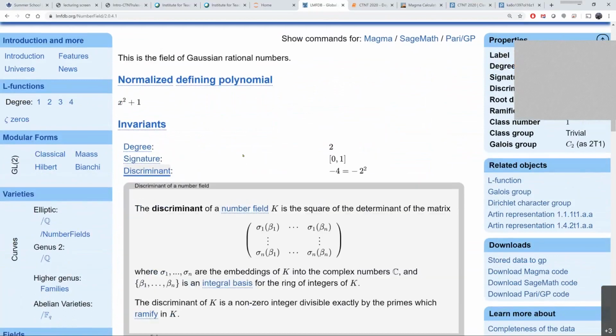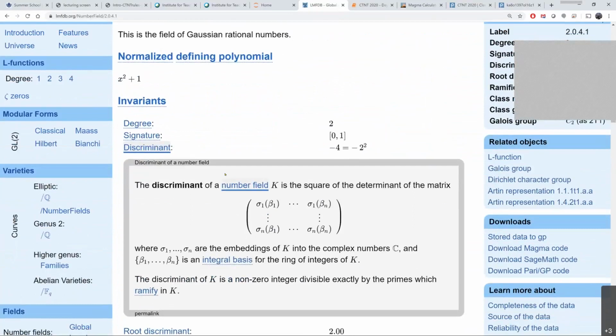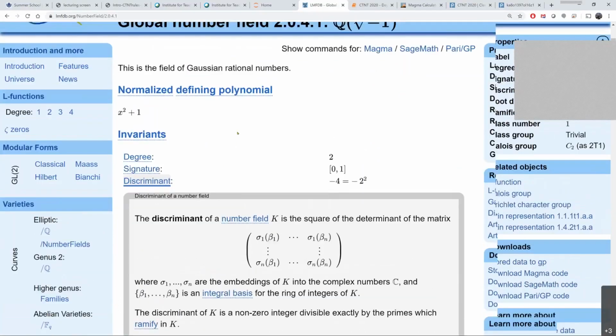The discriminant is an invariant of the ring of integers of the number field, which gives you an idea, first of all, of what primes ramify in general. It gives you some idea of the arithmetic complexity of the number field in some sense.